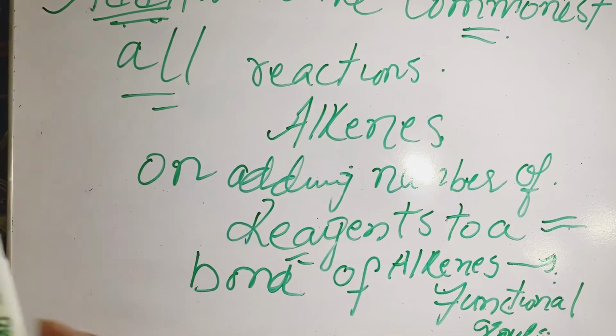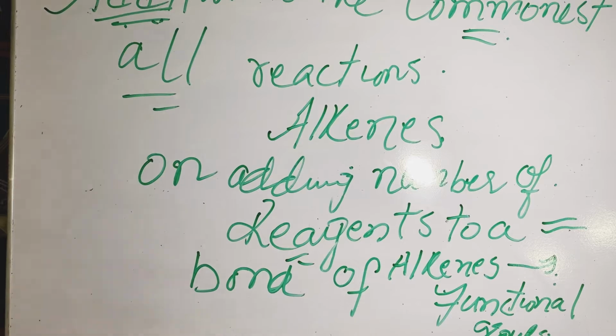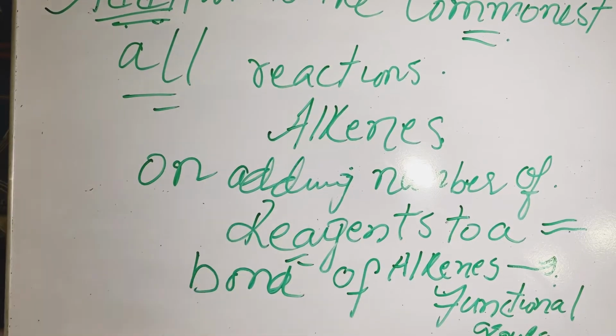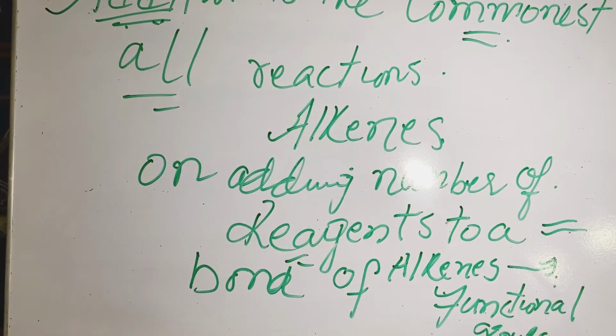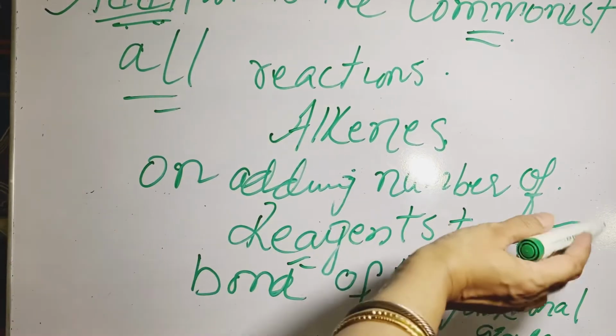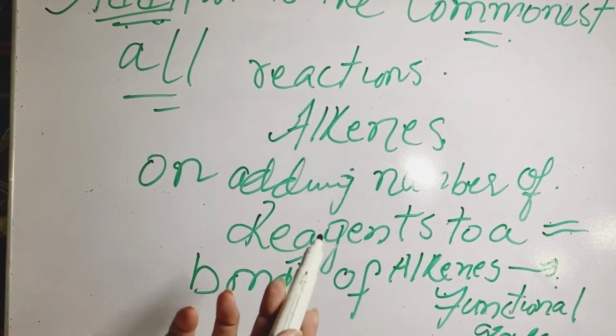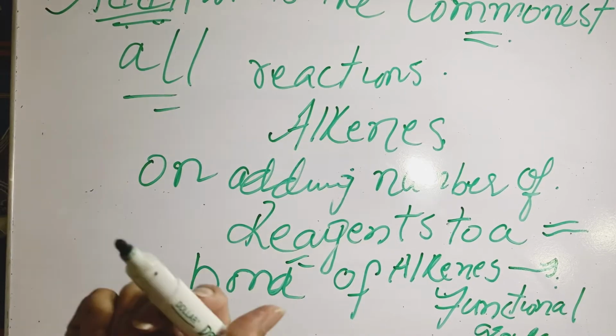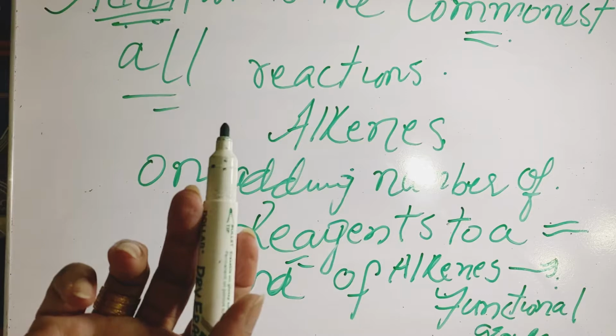What I just explained is that, first of all, addition is the commonest of all the reactions referring to alkenes, which is our topic, as we are discussing electrophilic addition reactions to alkenes. So what happens on adding a number of reagents to a double bond, that is the alkene double bond? It results in forming different functional groups.